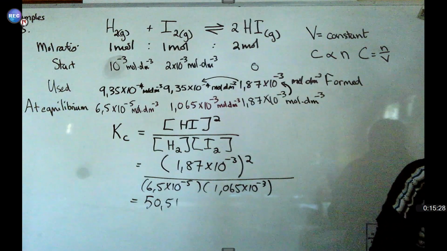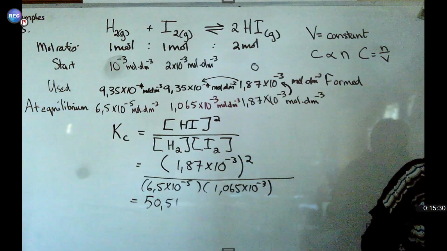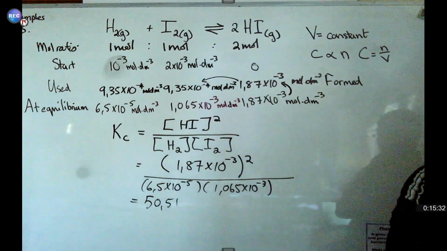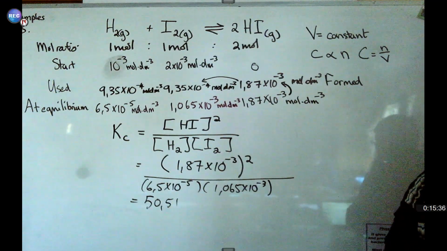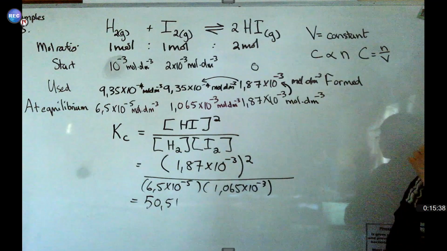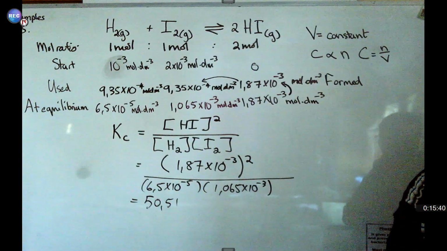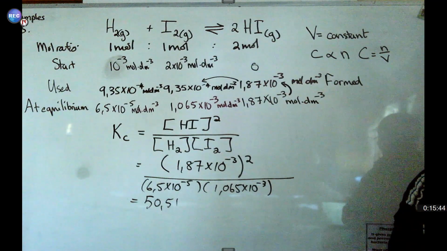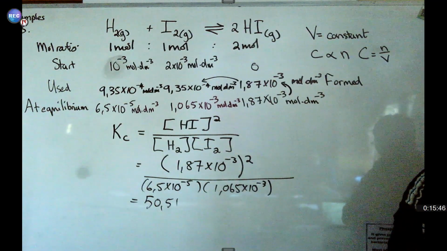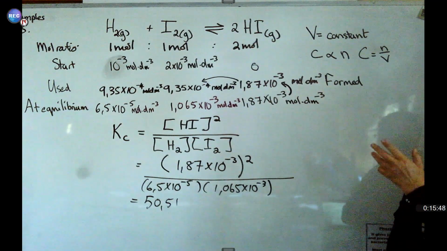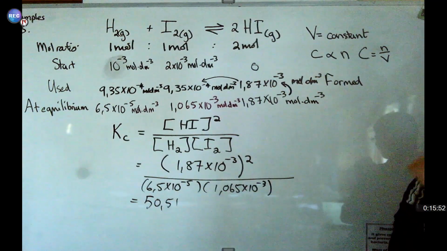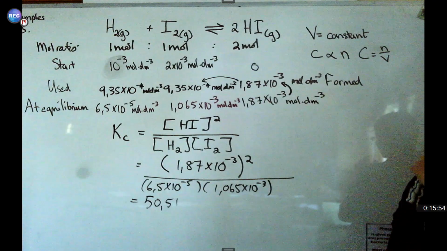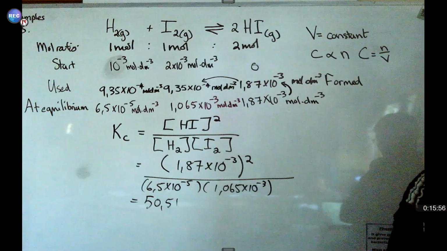The next paragraph is about reaction quotient. It's not in the syllabus anymore, but they don't call it reaction quotient, but they can ask you to determine whether the reaction is at equilibrium. So they give you the Kc value and concentrations, and ask you to find out whether the reaction is at equilibrium.